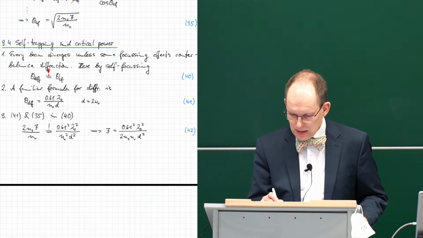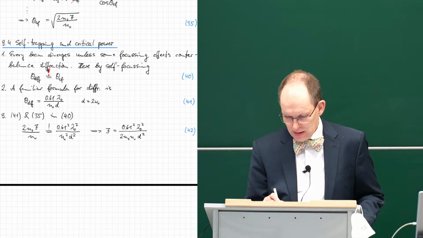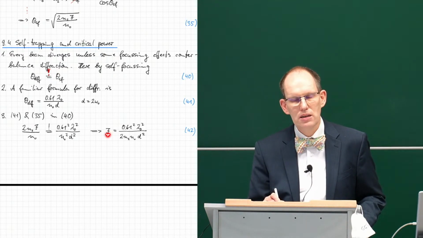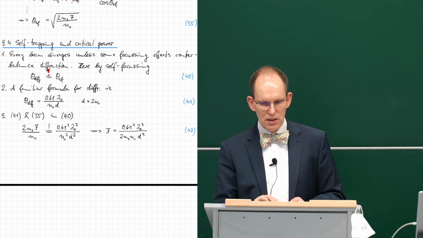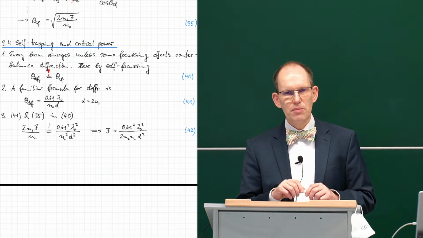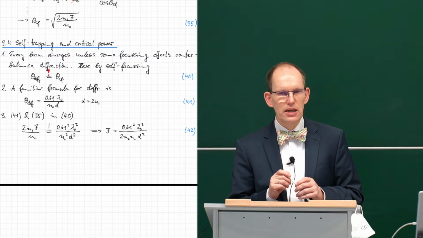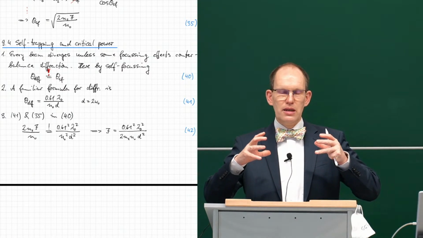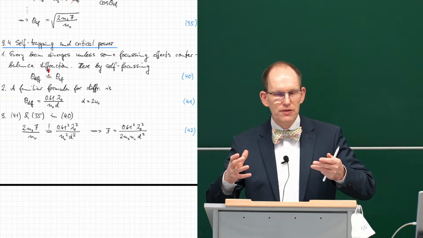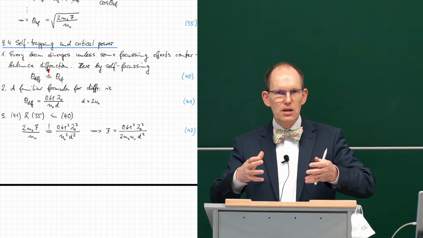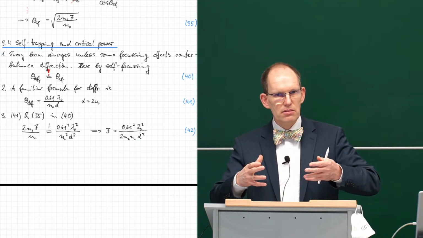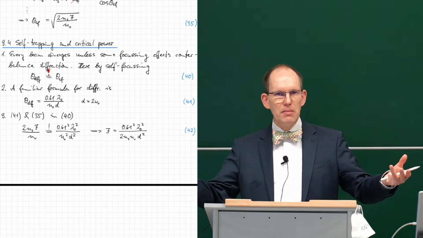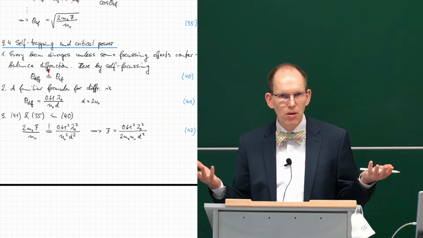So what you see is that it's actually not dependent on the intensity, but it's dependent on the power. Right? Very strange, and very remarkable. What this equation says actually is that if your power is large enough, then you will focus. And you can't avoid it. You can't avoid the self-focusing effect by just expanding the beam, because the power remains the same.